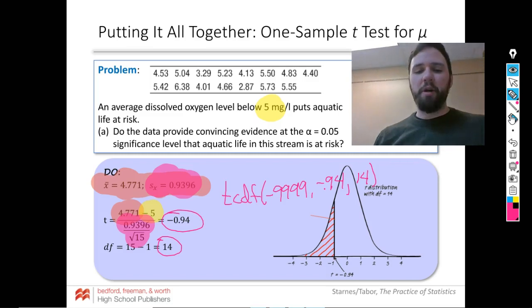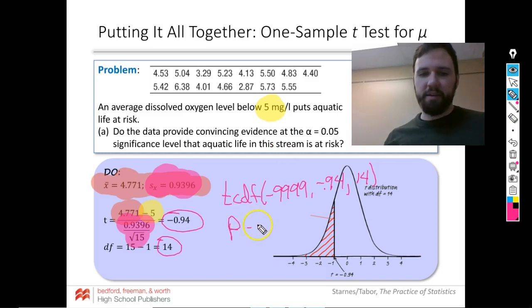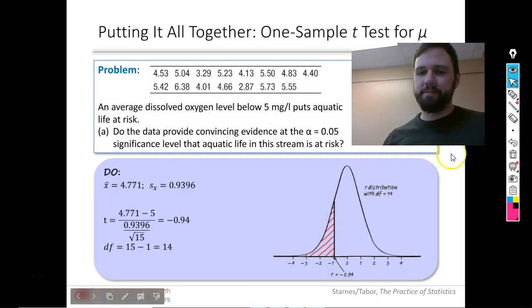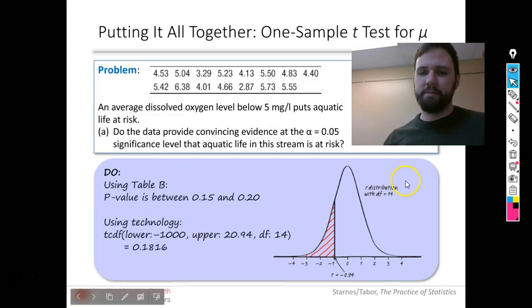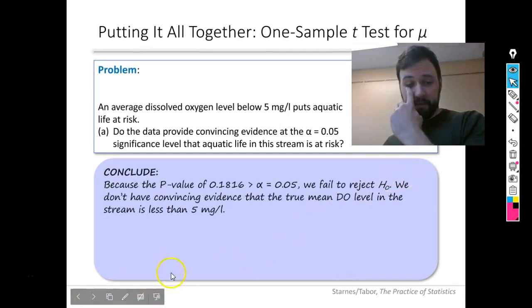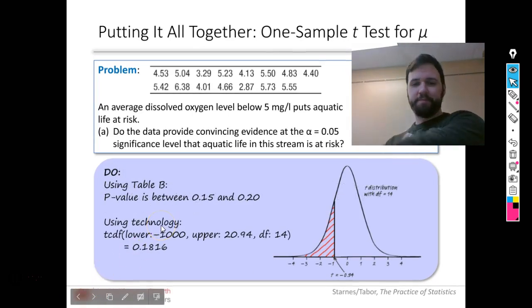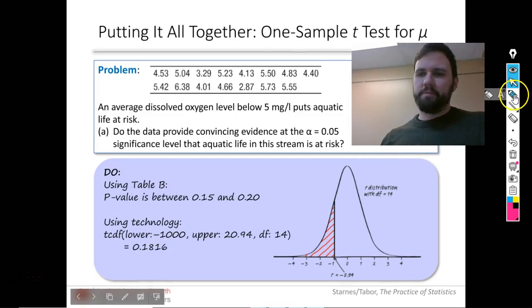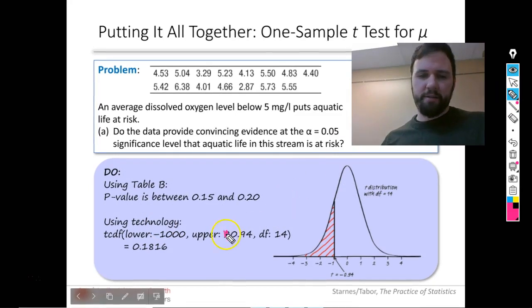This time we will not multiply by 2 because we're just looking at 1 tail. And I got my P is going to be 0.182. Let's see what they got. 0.182. If you use a table, you get a really bad answer, so who cares?